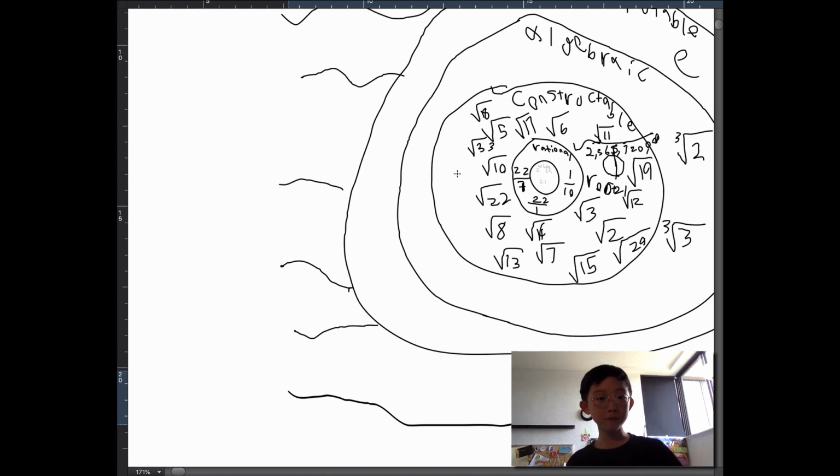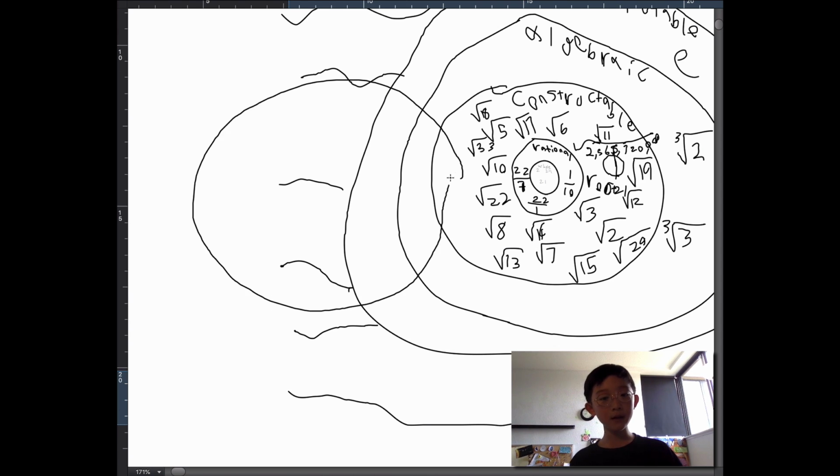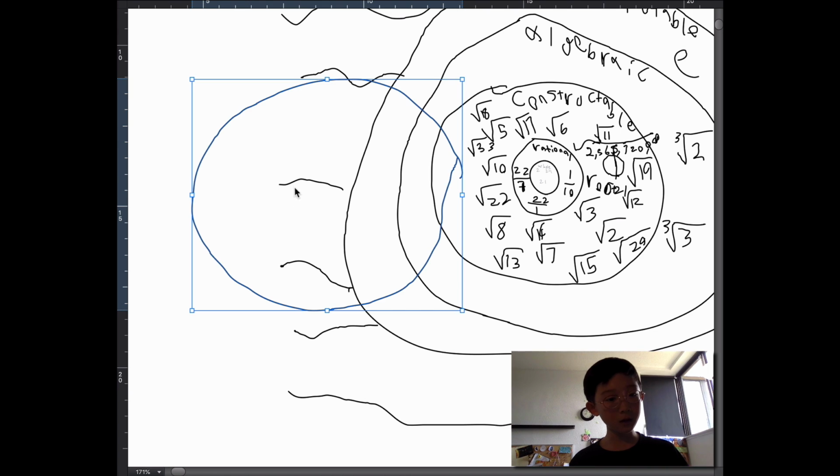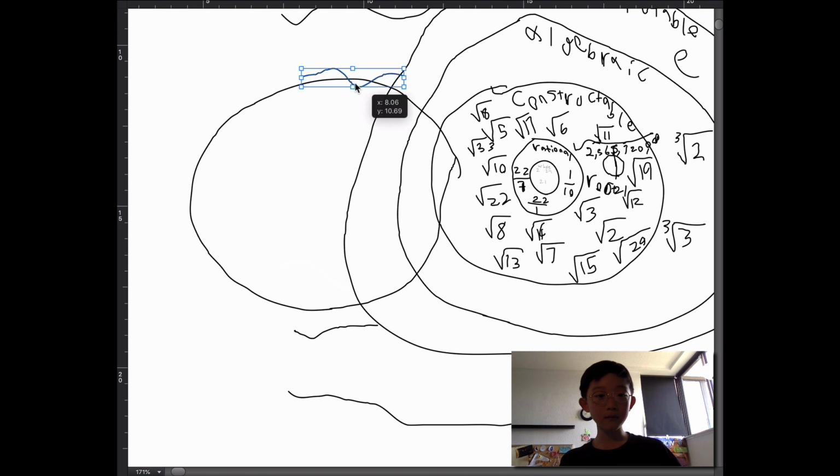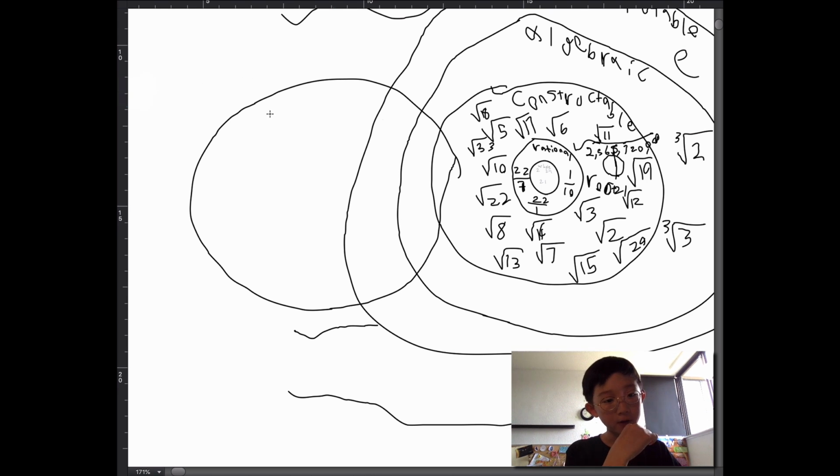Okay, so we're going to add this Venn diagram thingy right here. And I'm going to delete that and that and that, because there are numbers out here. So these are known as the normal numbers. They go into the constructible numbers, they go into the algebraic numbers, and they go into the computable numbers.